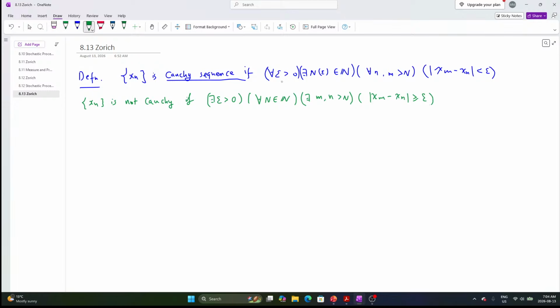You basically flip the quantifiers and then you negate the final statement. I would just like to mention that in the original statement, big N may depend on epsilon. In the negated statement, because it's for all big N, it really does not depend on epsilon anymore. So that's the negated statement.